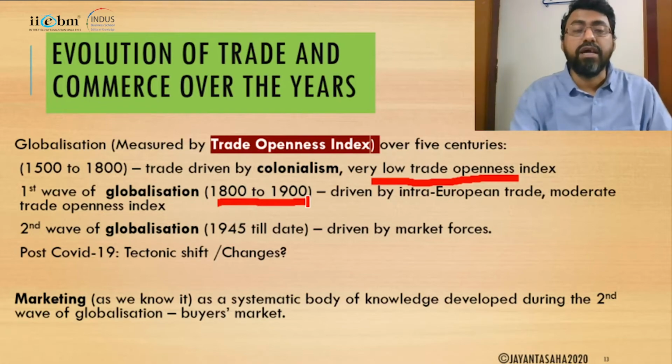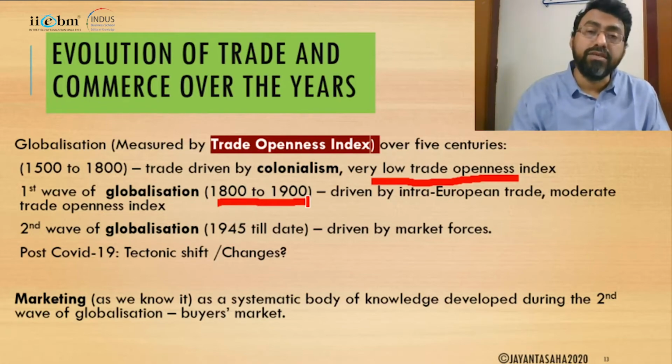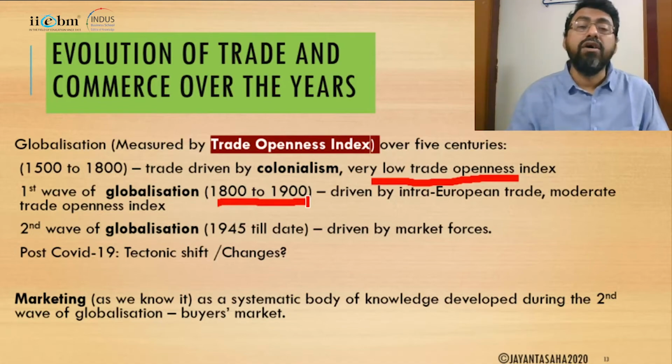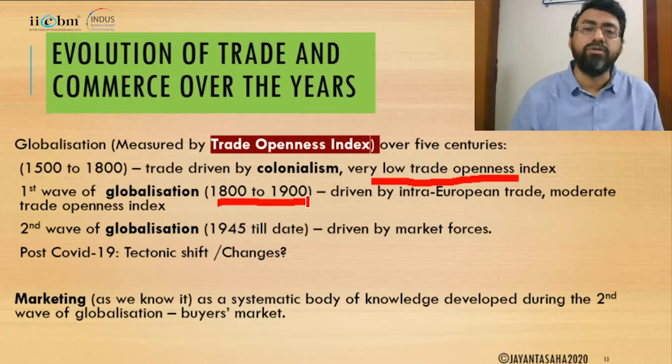In fact, in the entire mercantilism phase as well as in the post-industrial revolution phase, a lot of manual labor was taken from Africa, put into the plantations, put in chains and forced to do manual labor, and therefore it's an exploitation of human labor, which is also happening till date in many parts of the world.